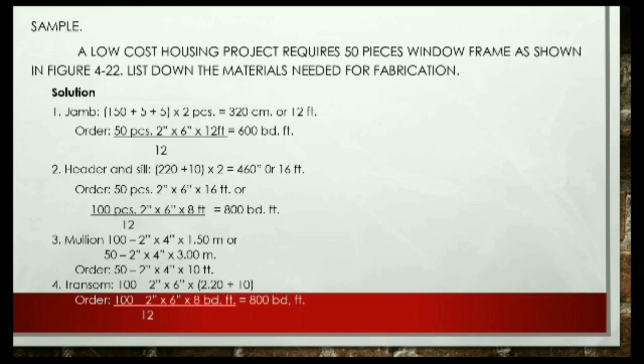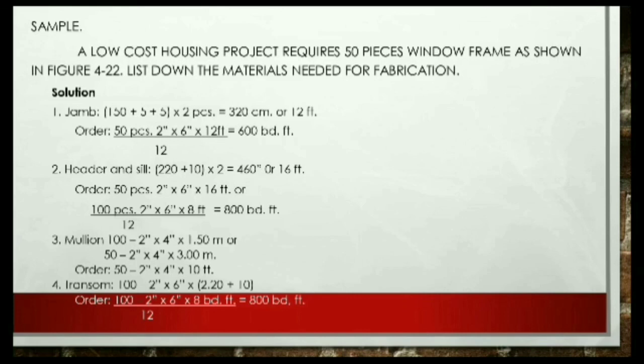for jamb, first you must determine the total length and multiply it by 2, which is 320 centimeters or 12 feet. So for jamb, you must order 50 pieces of 2 by 6 by 12. And to determine its board feet, you must divide it by 12, yielding 600 board feet. For header and sill, same.